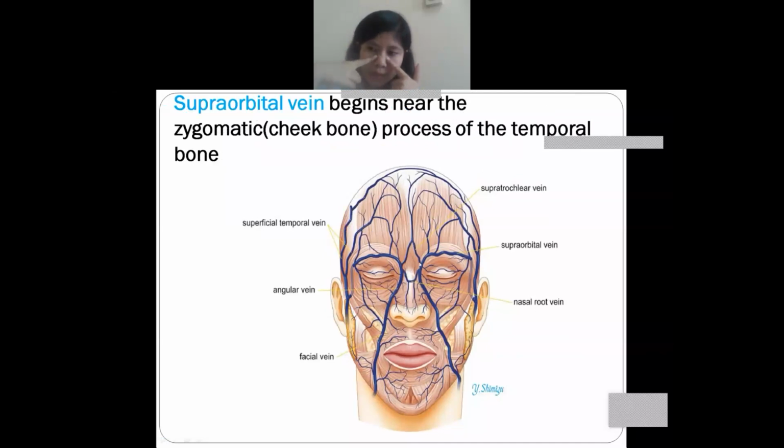They are situated right nearby your cheekbones, which is known as the zygomatic process of the temporal bone. They are situated somewhere nearby the temporal, so that's why they have mentioned this.